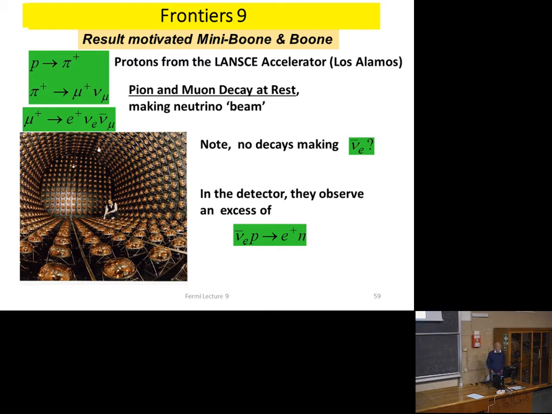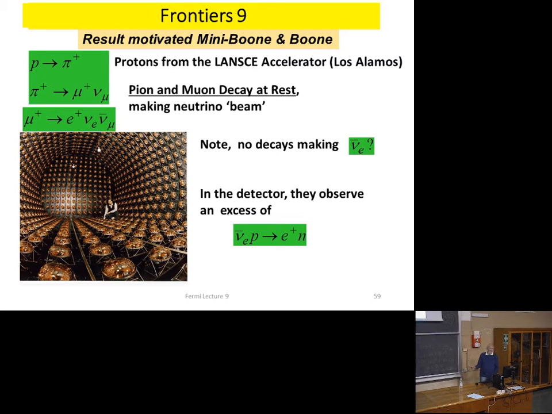So the protons are produced at the accelerator. The pions make muon neutrinos, and the muons themselves, when they decay, make electron neutrinos and anti-muon neutrinos. Notice there are no anti-electron neutrinos made. So these are the reactions that happen quite cleanly because it's done on an accelerator.